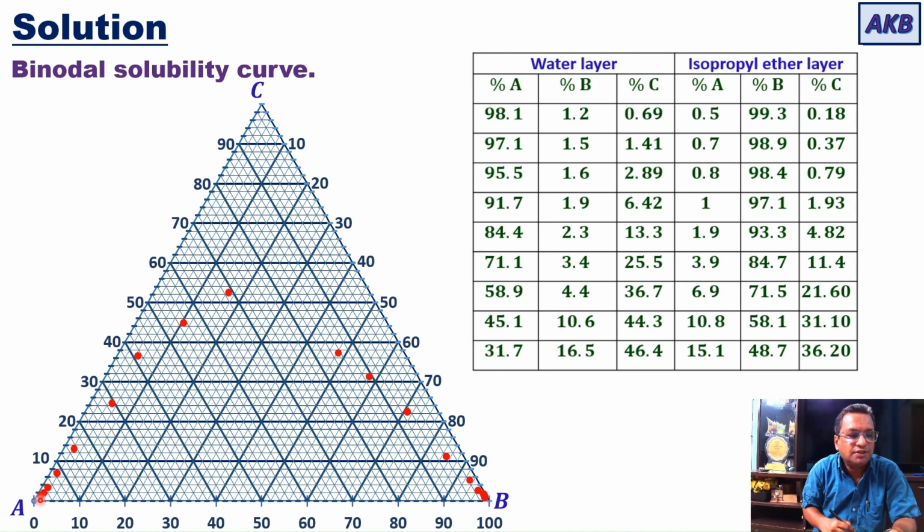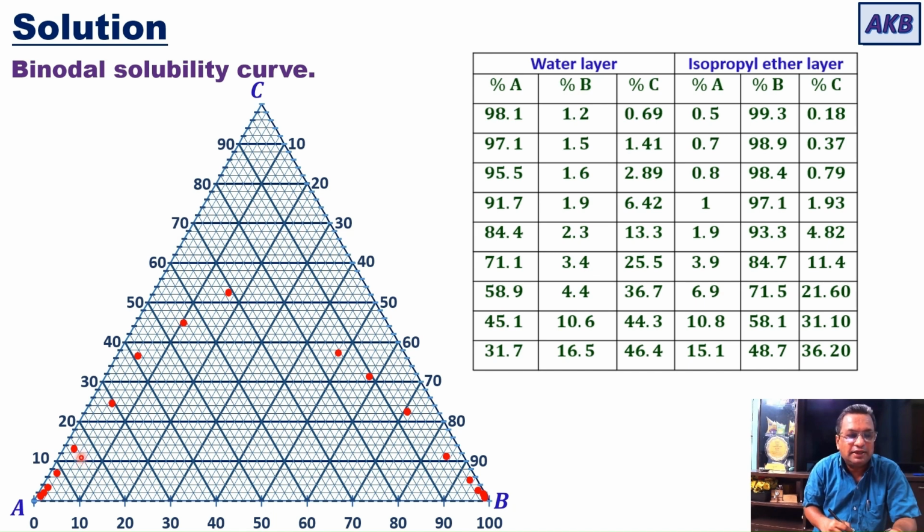So you have point 1 representing 98.1. Then you have the point representing 97.1. And then you have 95.5, the third point, and the fourth point is 91.7.